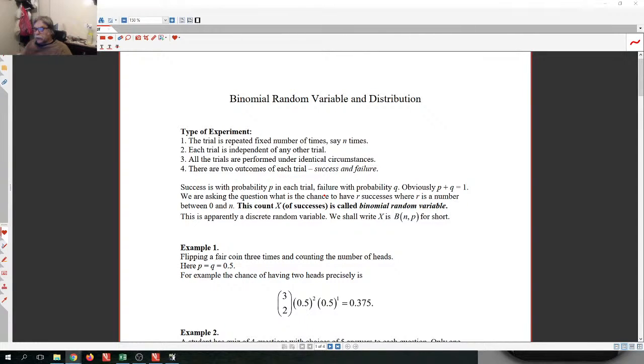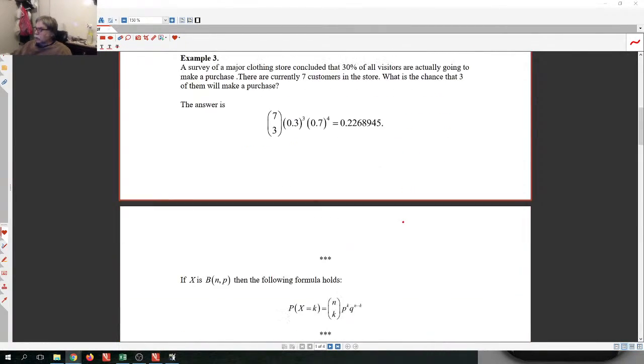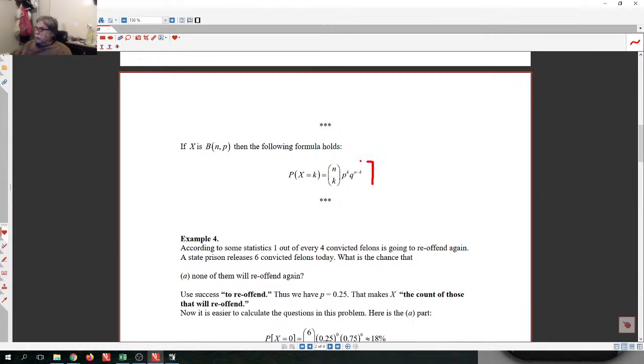Okay, this is the second part of the lecture on binomial random variable and distribution of binomial random variable. And I'm assuming at this point you know the meaning of the formula which we use to calculate probabilities of binomial random variable, the probability masses.